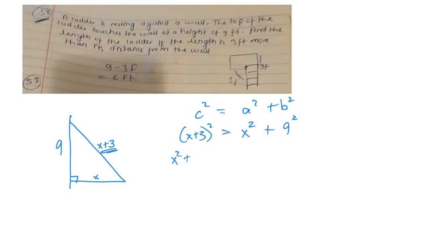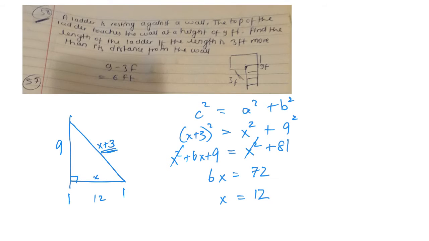So I get x squared plus 6x plus 9, when I FOIL that, equals x squared plus 81. The x squareds will cancel, so I'll have 6x is equal to 81 take away 9, I think, is 72. Divide both sides by 6, I think you get 12. So the distance from here to here is 12.